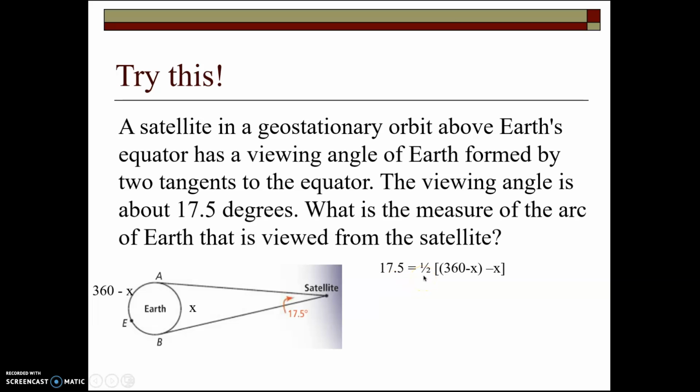We're back to just our same formula, 1/2 of the bigger arc, 360 minus X, minus the smaller arc, which is X. And let's go ahead and multiply both sides by 2, which gets rid of that 1/2 and makes 17.5 35. Equals 360 minus 2X as we simplify that. So we end up with negative 325 equals negative 2X. Divide by negative 2, and we get 162.5 for the measure of the arc of Earth right here as viewed from the satellite.